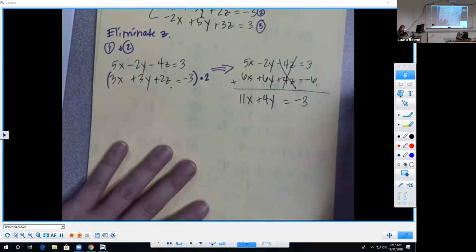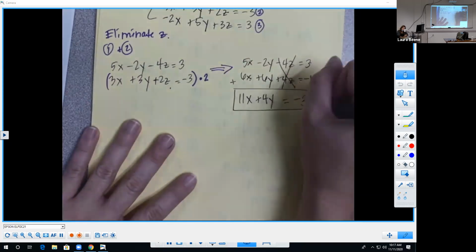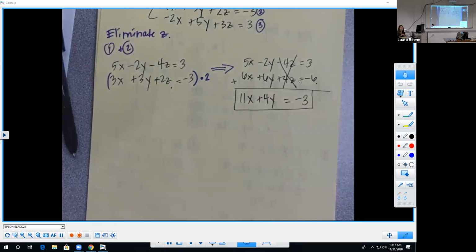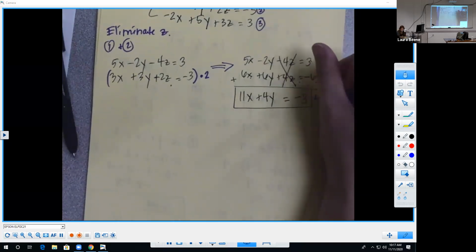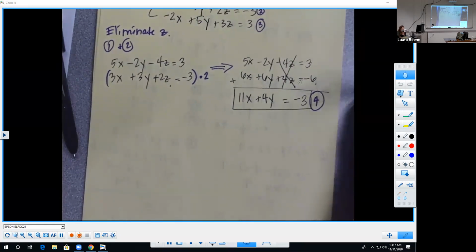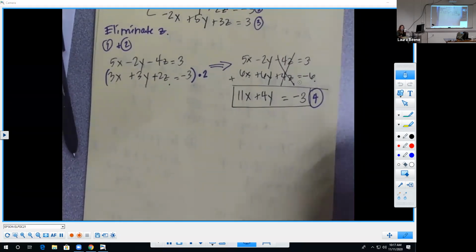Okay, so this is one of our new equations that we are going to use. You can call this whatever you want. I'm going to call it equation number 4. You could call it equation B. You could call it equation star. You could call it whatever you want. But we're going to come back to that in a minute.